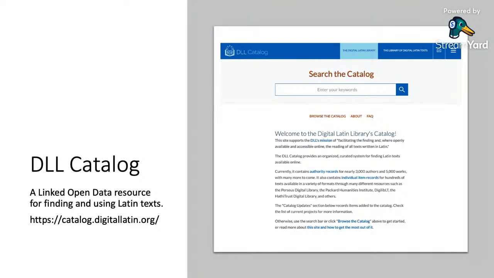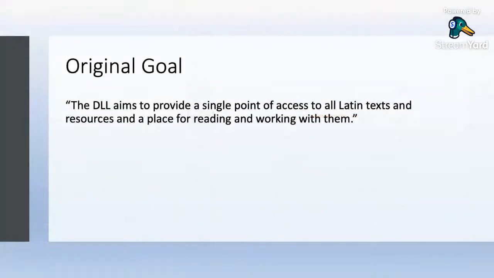But what I'd like to do is give you an overview of what the DLL catalog was originally intended to be and what it has become. So the original goal for the project was stated in one of our original grant proposals, which was that the DLL aims to provide a single point of access to all Latin texts and resources and a place for reading and working with them.